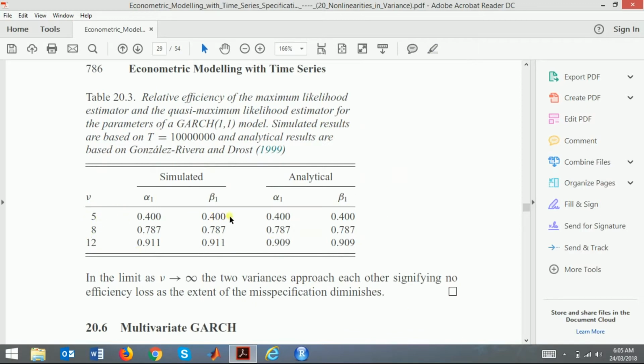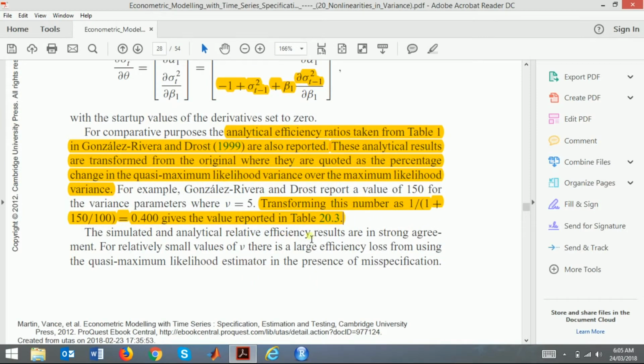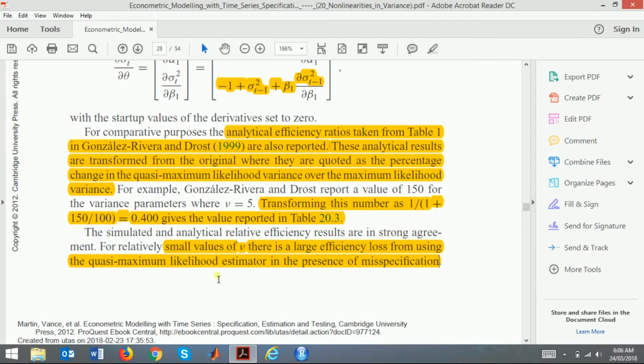The simulated and analytical relative efficiency results are in strong agreement. For relatively small values of tau, there is a large efficiency loss from using the quasi-maximum likelihood estimator in the presence of misspecification. Sorry, this is tau, not epsilon.